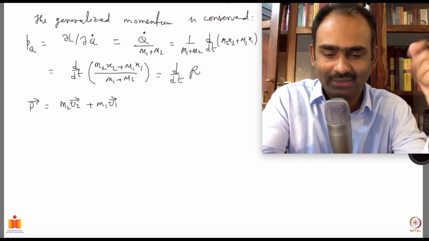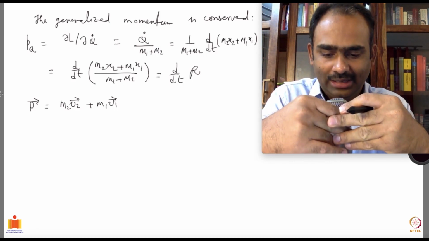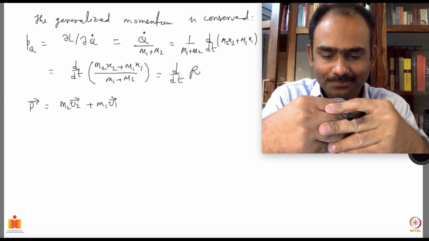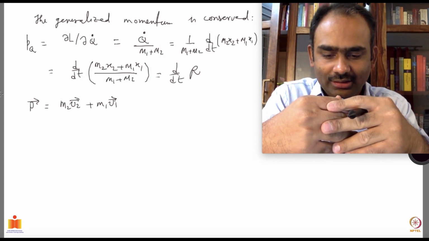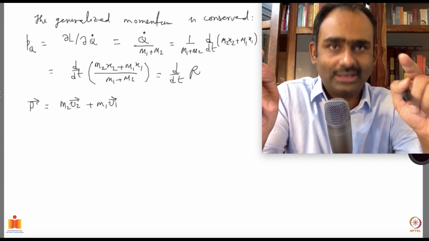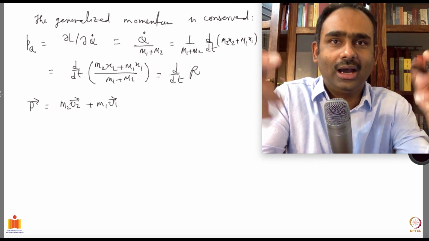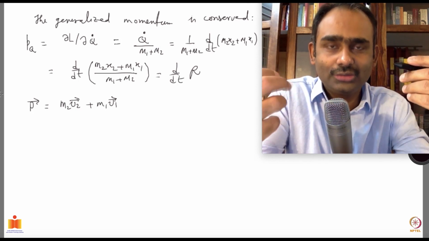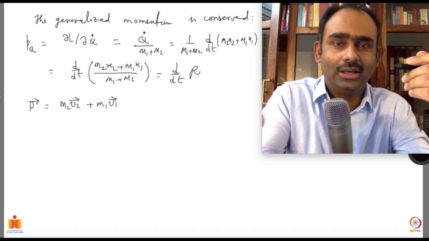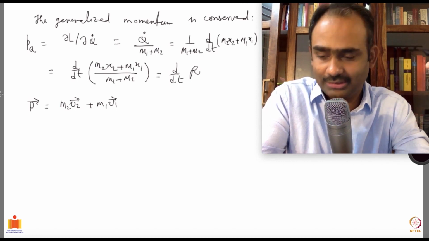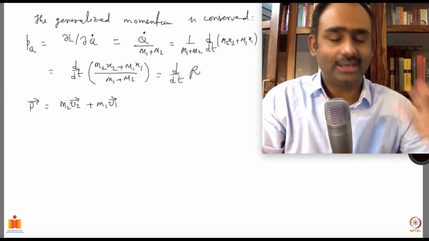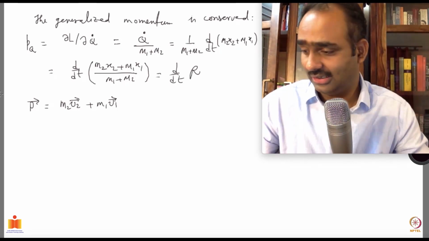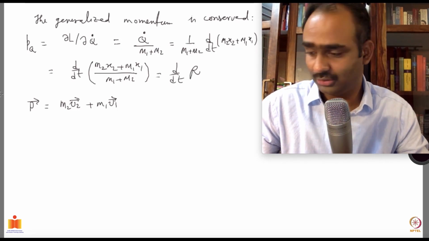That's what will happen if you change the coordinates. Now because small q and capital Q are independent, I can choose not to change the small q and change the capital Q. So that's the kind of transformation that I want to look at.